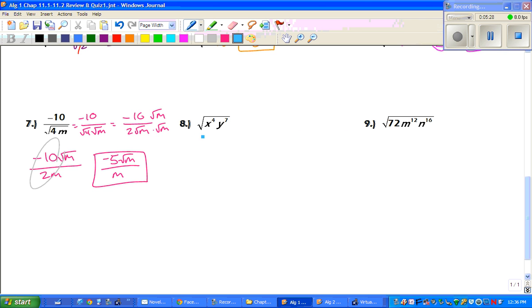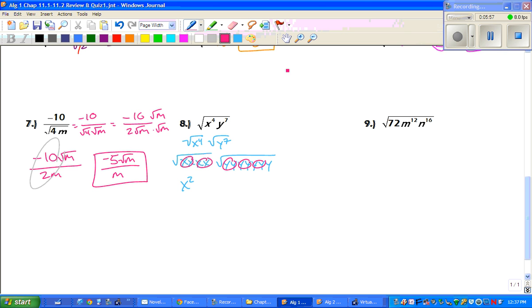Okay, number 8, we break down each one. Okay, and we talked about if you can write it out the long way, if you really want to. 1, 2, 3, 4, 5, 6, 7. Okay, and we're looking for groups of 2. So the x's, we have 2 groups of 2.